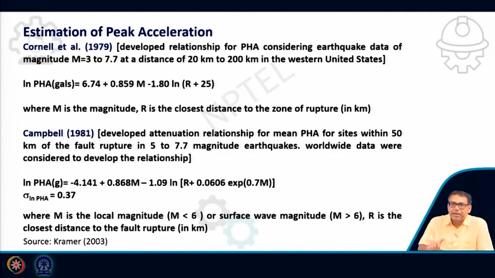So what data have they taken? They have taken earthquake data in the western United States for magnitudes 3 to 7.7, at distances ranging from 20 kilometer to 200 kilometer.